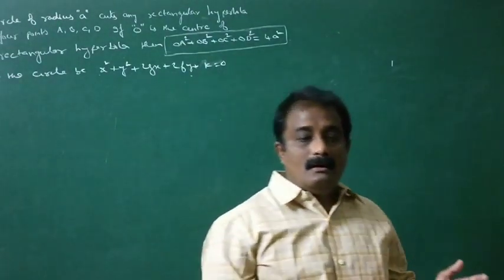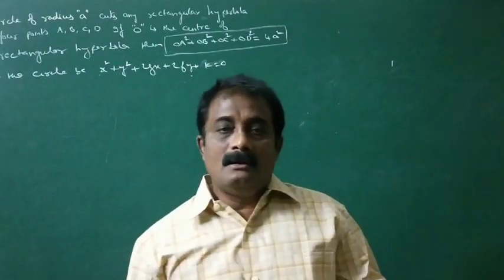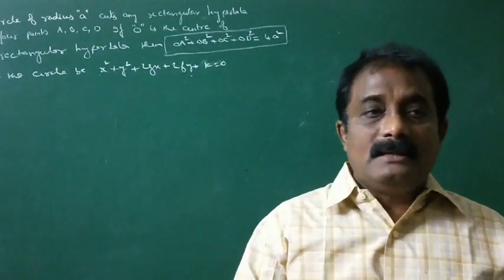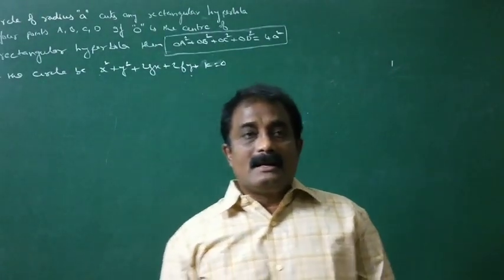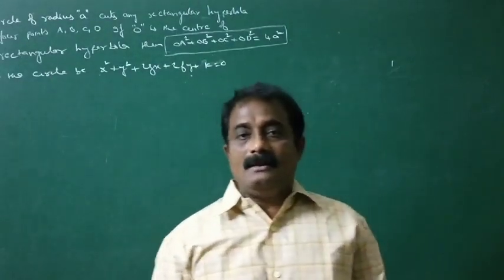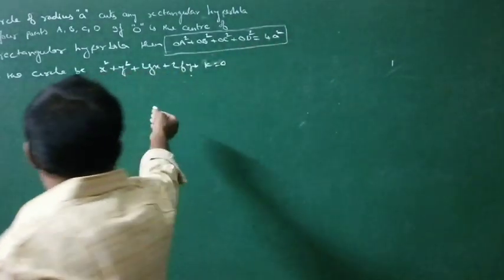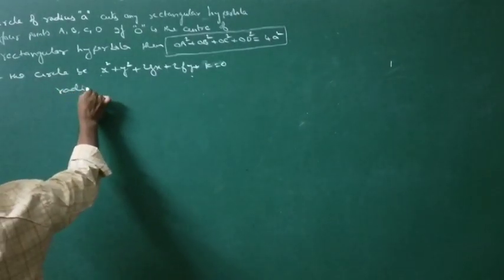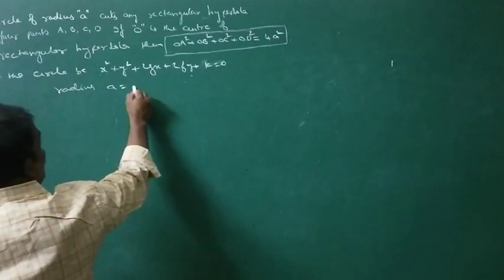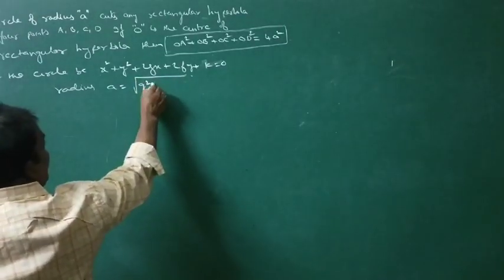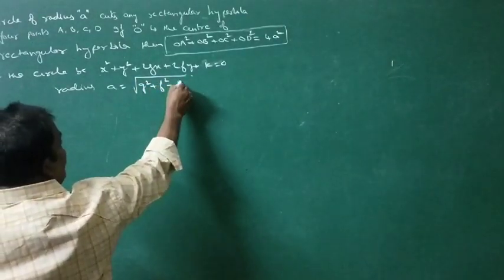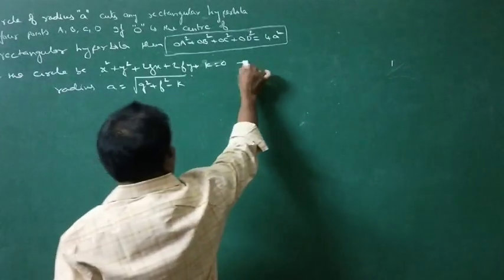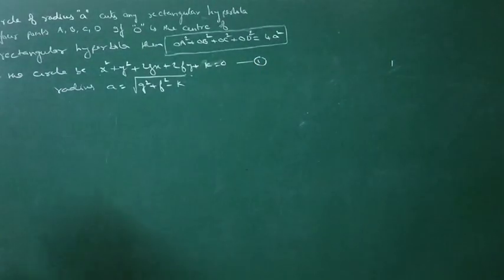For a little bit confusion is there for c. That's why we are taking k instead of c in the circle. Okay. For this circle, radius a equal to root over g square plus f square minus k. Take this one as equation number 1.